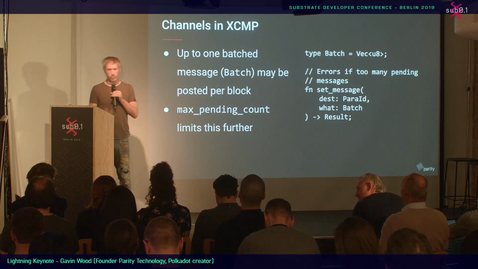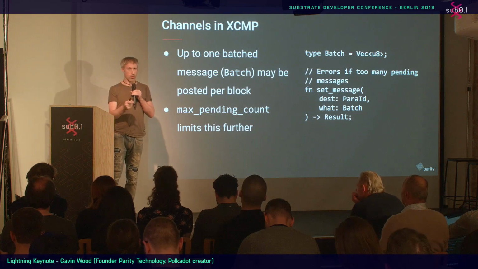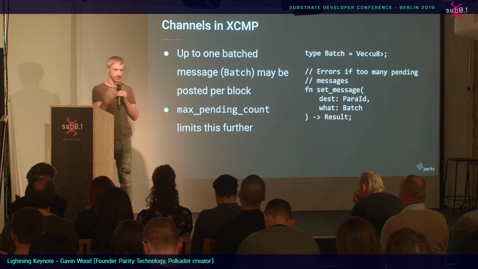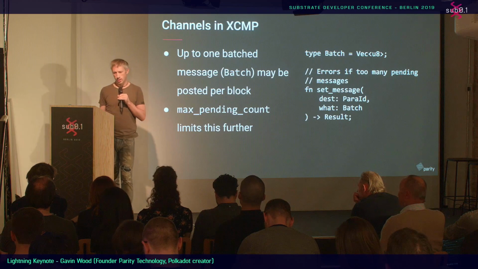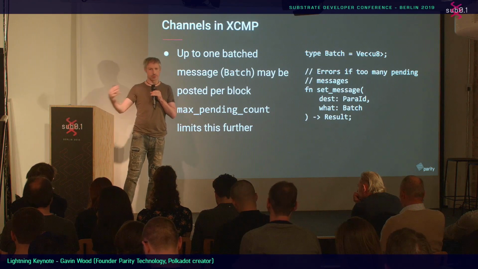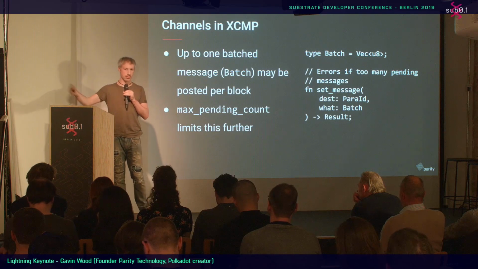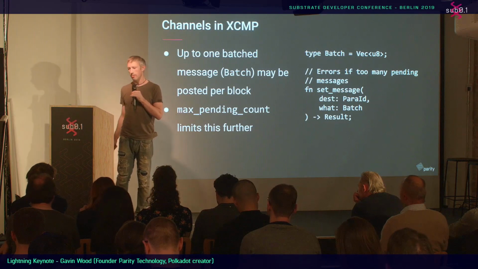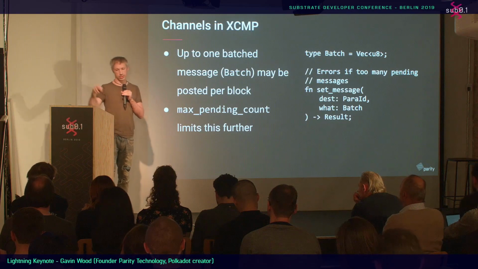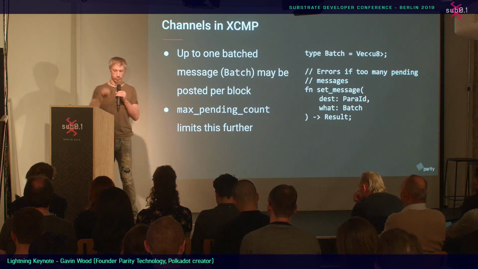Now, at most one can be posted out. I say posted rather than sent because I want to get across the fact that it's asynchronous, really asynchronous. And we may also have some that are already pending delivery, still waiting to be delivered. If there are, that would limit the amount that can be sent, potentially down from one to none.